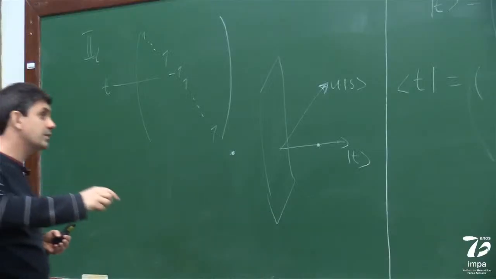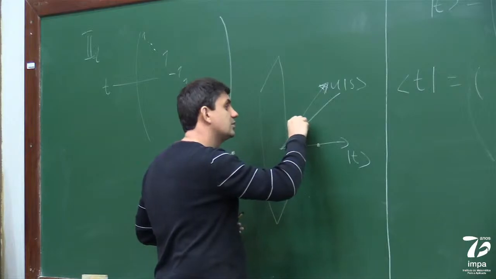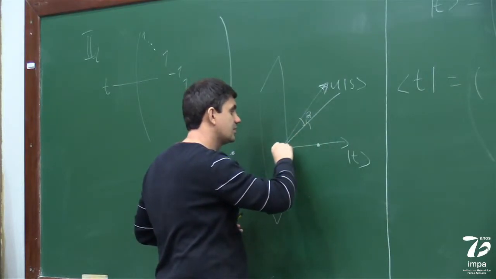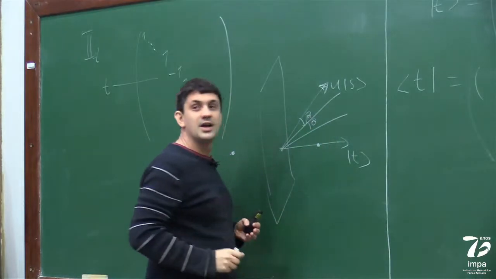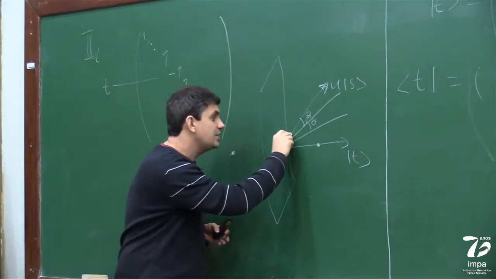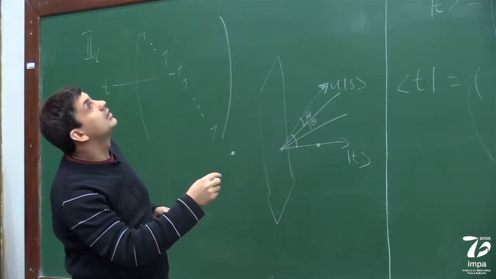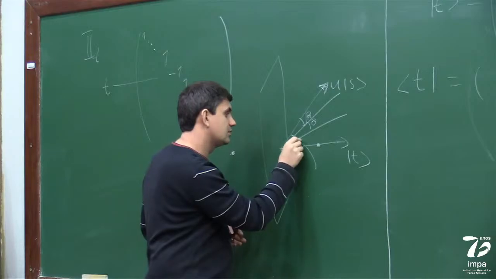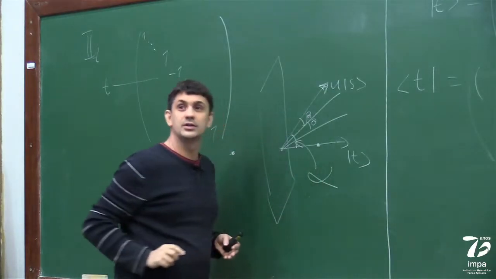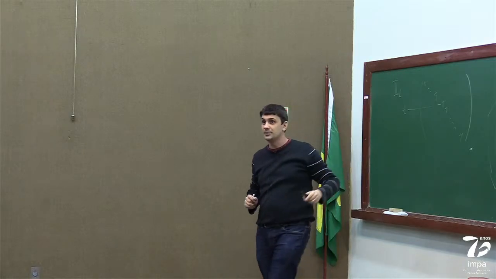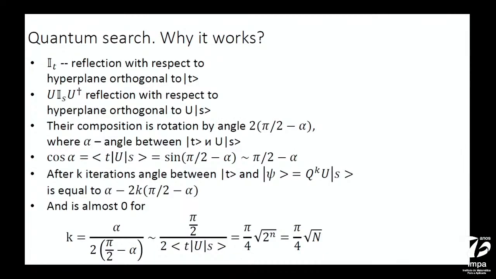So we start from this vector and we do rotations here, some theta, and if we know this angle, which is actually alpha, and we know the angle on which we rotate, which is pi half minus alpha, then we know how many iterations we actually need to do in order to get to t.